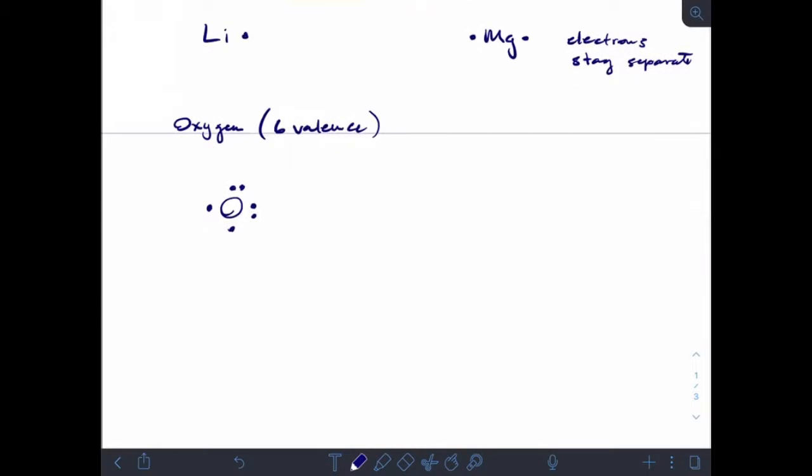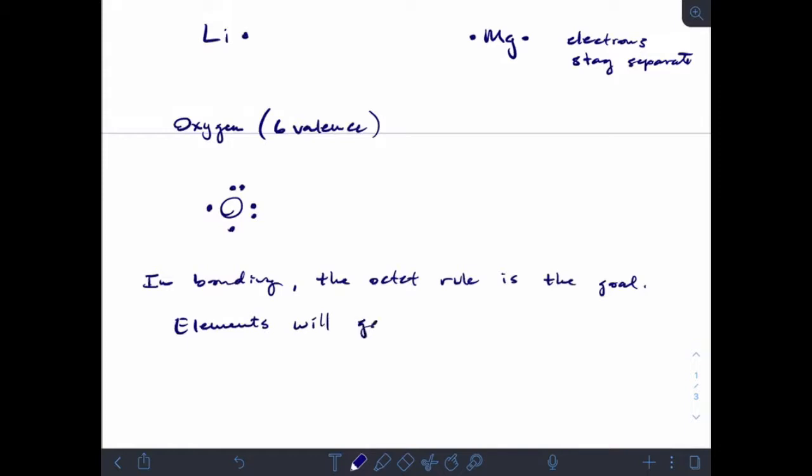Now, in bonding, the reason that elements form bonds is the Octet Rule. The Octet Rule basically says that elements will gain or lose electrons in order to get 8 electrons in their outer shell.